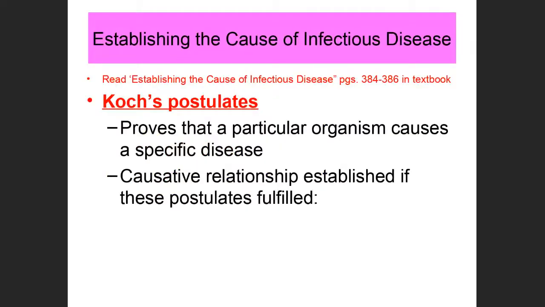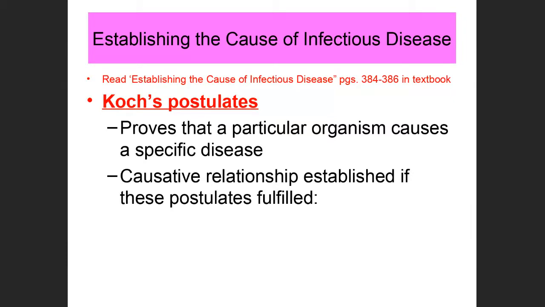Okay. And then this last part looks at what's called Koch's postulates, which are a series of steps that were established to determine that a specific microorganism was responsible for a particular disease.